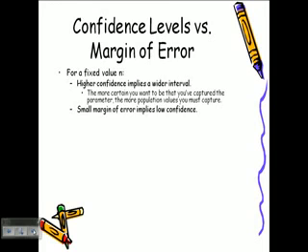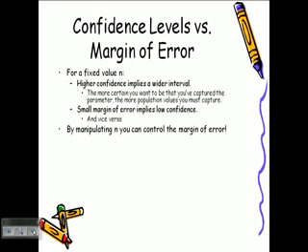Keep in mind the margin of error is obtained by the z-star times the population standard deviation divided by the square root of n. A small margin of error implies low confidence, and vice versa. A large margin of error implies large confidence. By manipulating your sample size, you can control the margin of error.